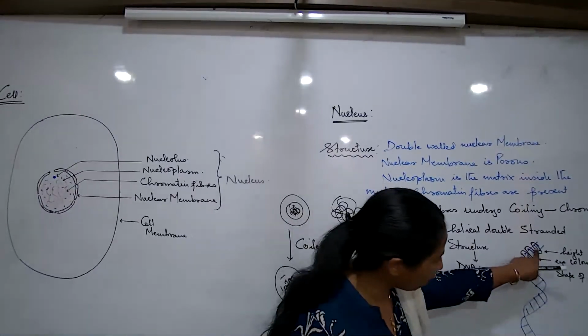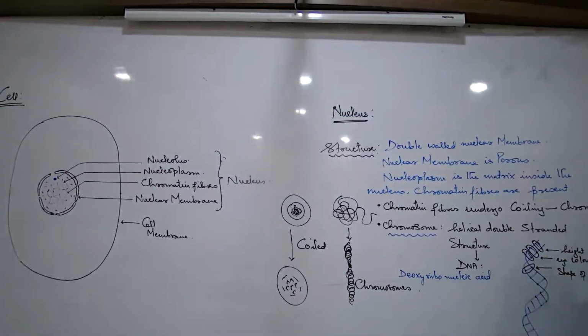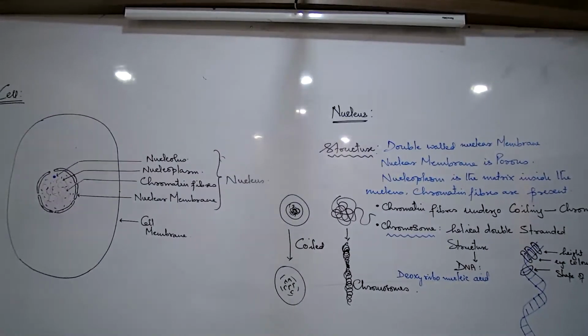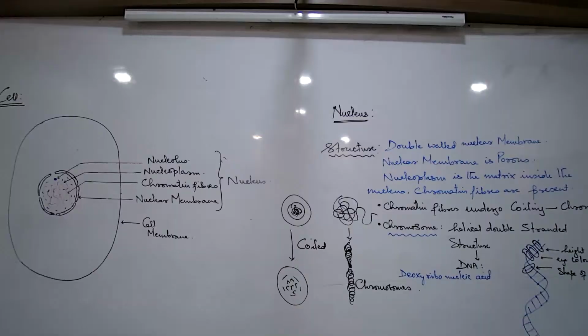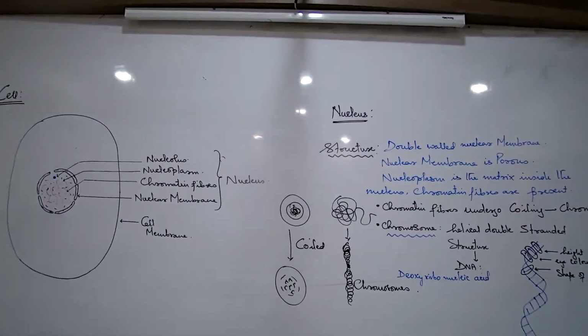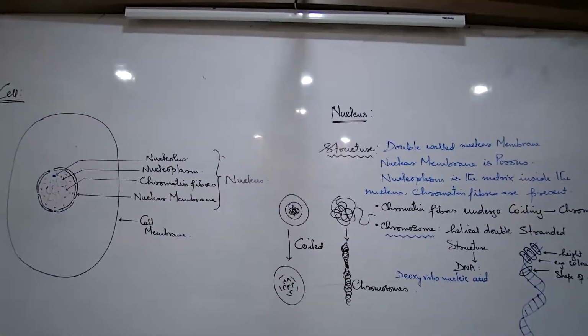So what is that small specific region of the DNA known as? That is known as the genes.